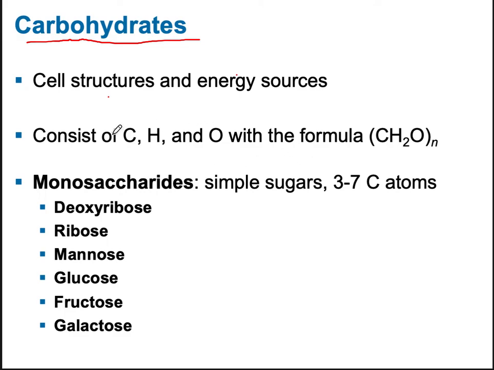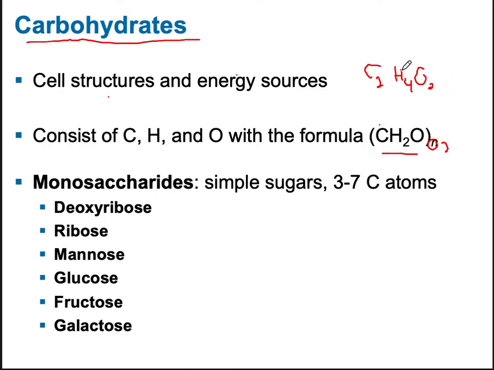Carbohydrates will always have this formula of CH2O to the nth time, right? So you can repeat this, it could be a simple sugar that's exactly CH2O, or if you put a 2 here, then it would be C2H4O2.